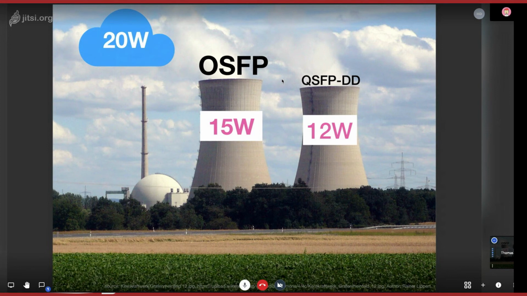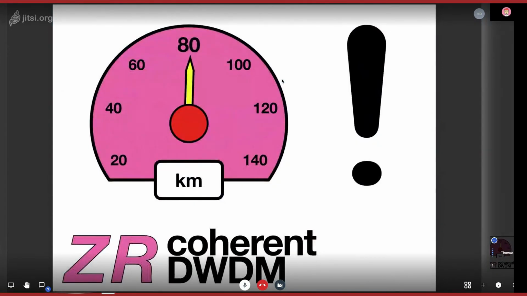And that's pretty great, seeing this movement. Now, why do we need such a lot of heat dissipation? I think that's the greatest movement for 400 gigabit. At 100 gigabit we have transceivers capable of handling 10 kilometers, maybe 25 kilometers of distance, but that's the end of the game.